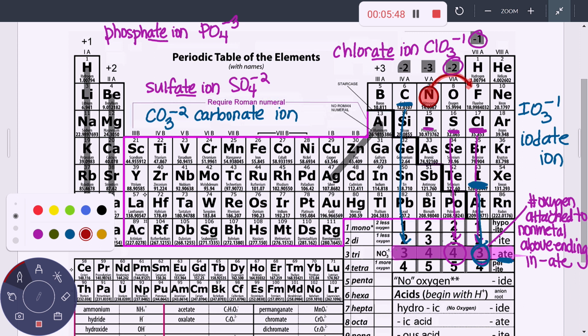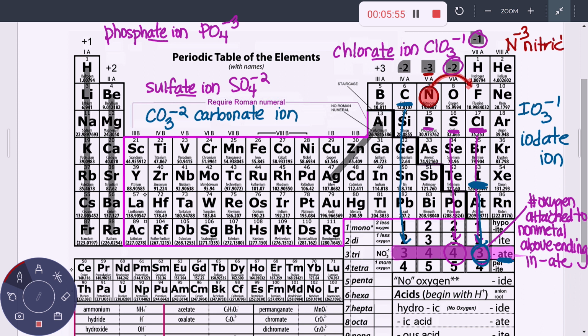Traditionally, if you have nitrogen alone, which is N with a -3, N-3 is the nitride ion. However, if you have something like NO3 -1, you would have to travel over here and come down to this 3, and then you're using this charge.